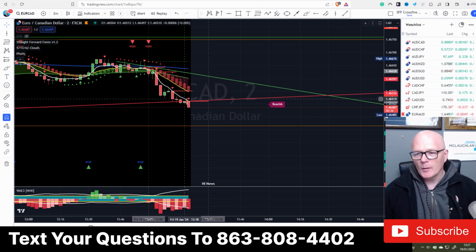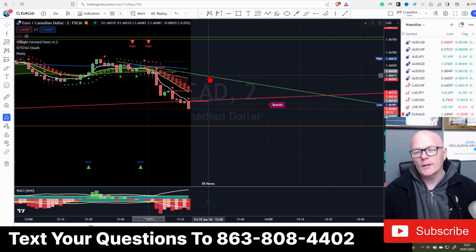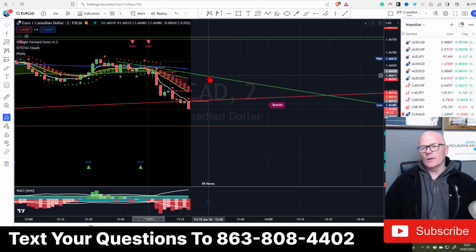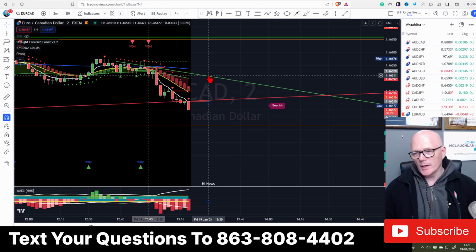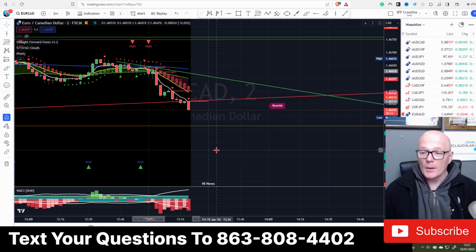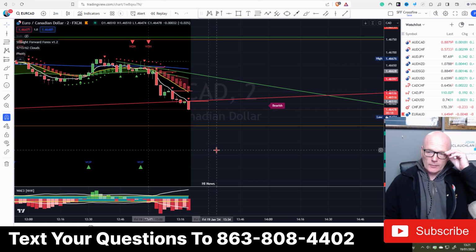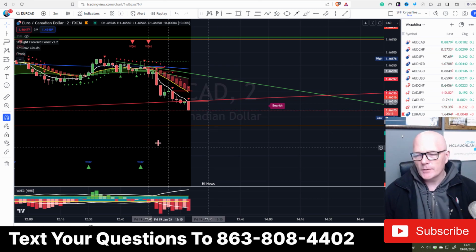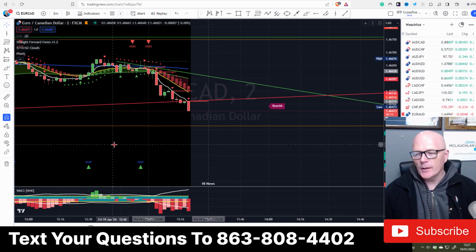What they can do with the news, if they want to push the price down, they'll force the price up first and take away all those stop losses to liquidate the market for themselves before then pushing the price in the direction that they want. And we see it all the time, and this is the way that a lot of retail traders get caught out. So you need to be mindful of the news, and that's why we always check the news.